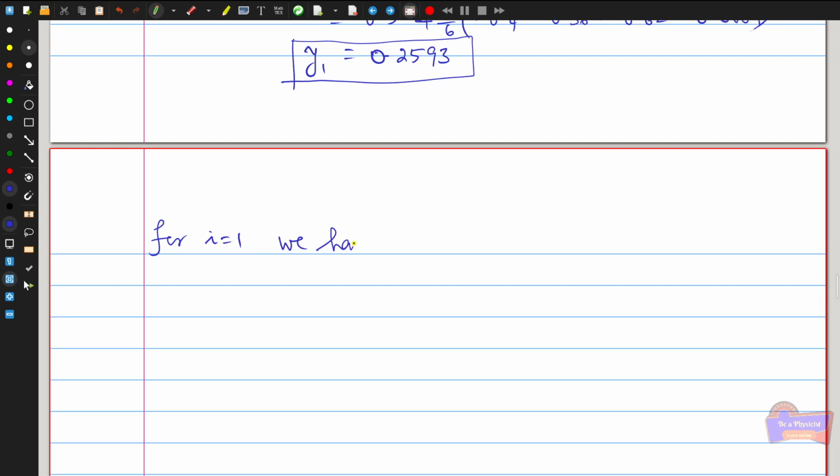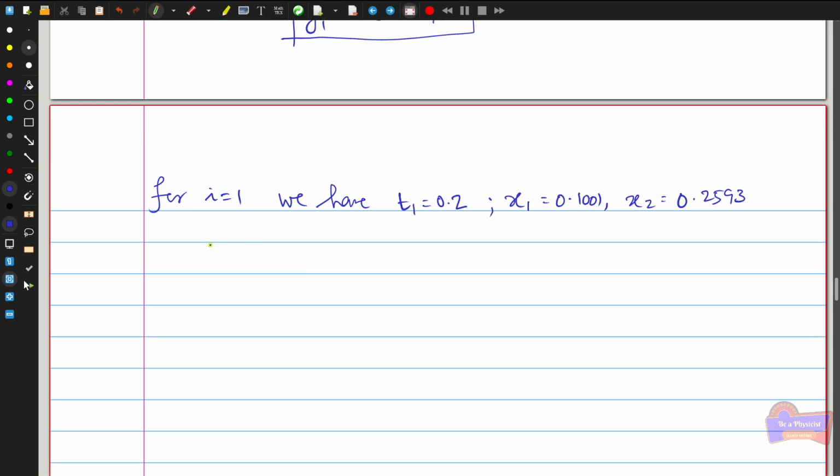For i equal to 1, we have t1 which is equal to 0.2 now, and x1 is equal to 0.1001 and y1 which is equal to 0.2593. Now taking these as initial conditions, we are going to calculate x of i plus 2h.